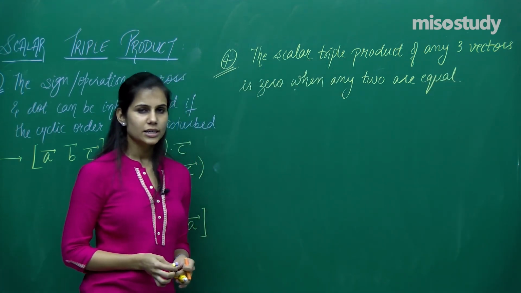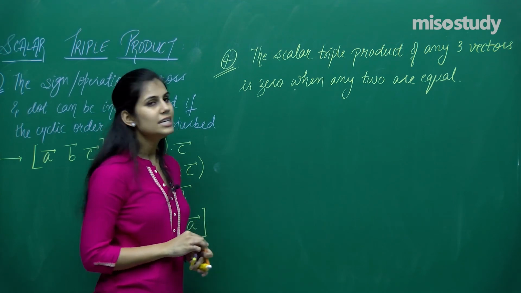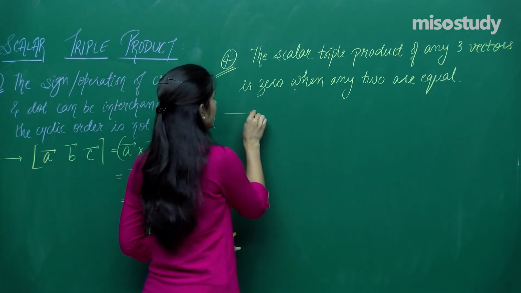So when any two vectors out of the three vectors are equal, we have the scalar triple product to be 0. Let's see.